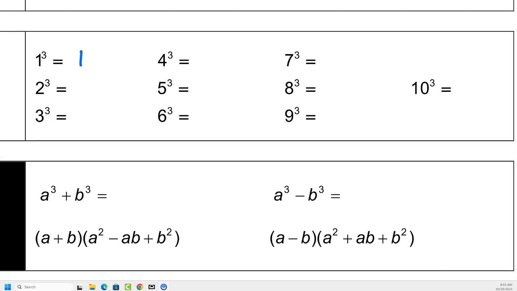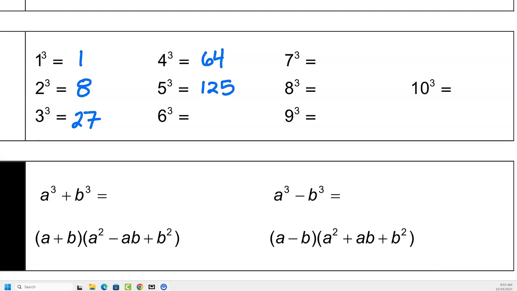Right? 1 is a perfect cube. 2 cubed, right? 2 times 2 times 2 is 8. 8 is a perfect cube. 3 cubed is 27. Good. 4 cubed. Now we're starting to get a little bit harder, right? 64. 5 cubed. 5 times 5 is 25. And then if you have 5 25s, it's $1.25, right? 5 quarters, so 125.